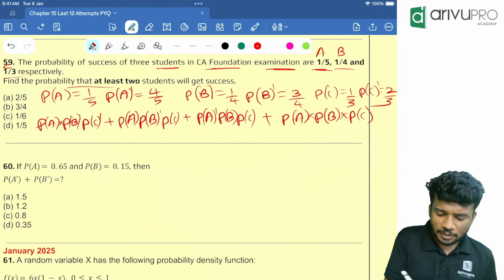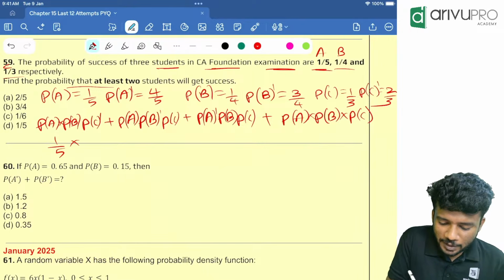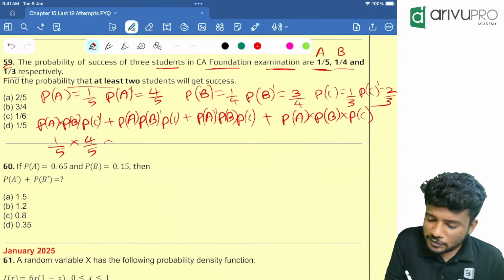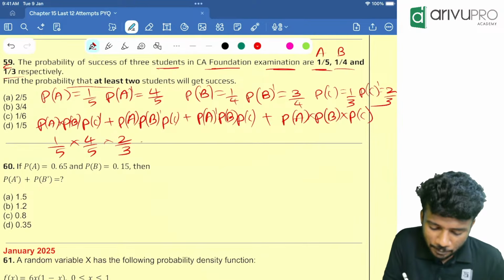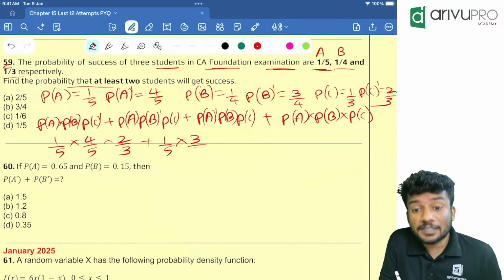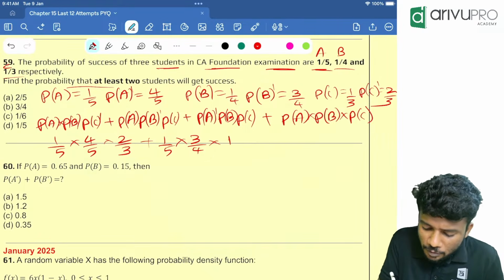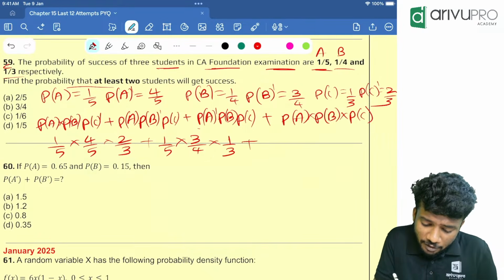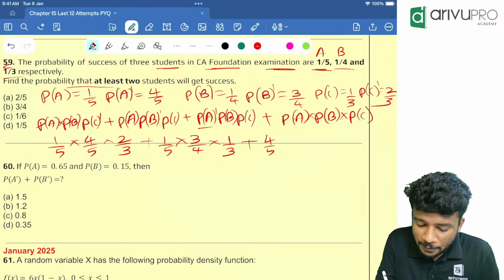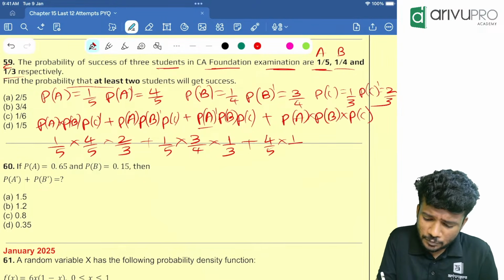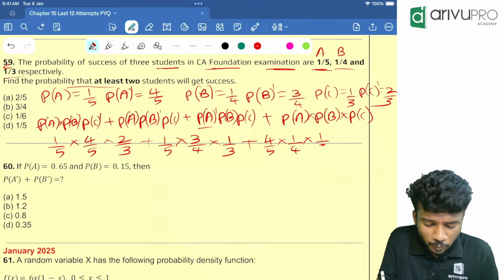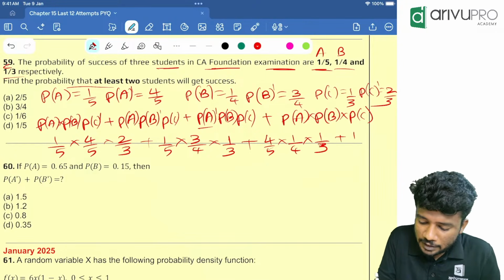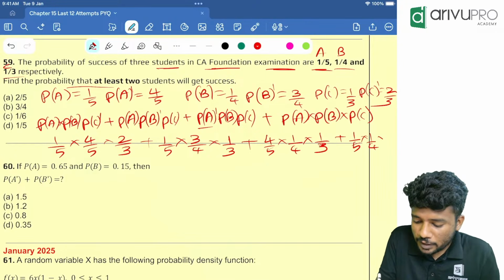Now P of A is 1 by 5. P of B is 4 by 5. P of C complement is 2 by 3. Plus P of A is 1 by 5. P of B complement is 3 by 4. Into P of C is 1 by 3. Plus P of A complement is 4 by 5. Into P of B is 1 by 4. Into P of C is 1 by 3. Finally, you write 1 by 5 into 1 by 4 into 1 by 3.